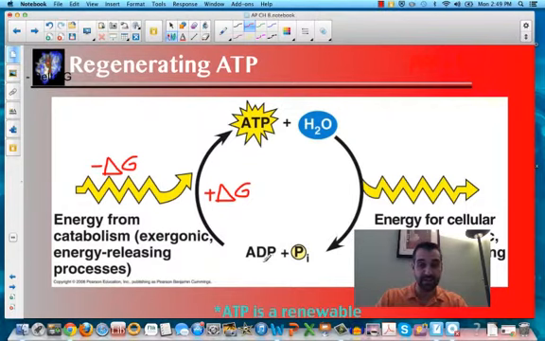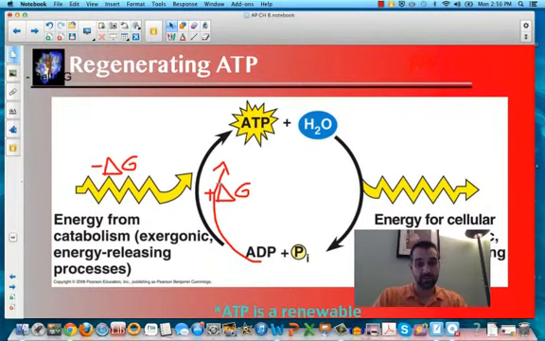This process of making ATP is endergonic. That's an endergonic process. And so we end up having an exergonic reaction drive the endergonic synthesis of ATP.